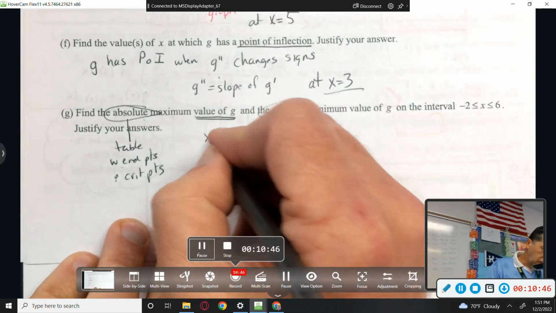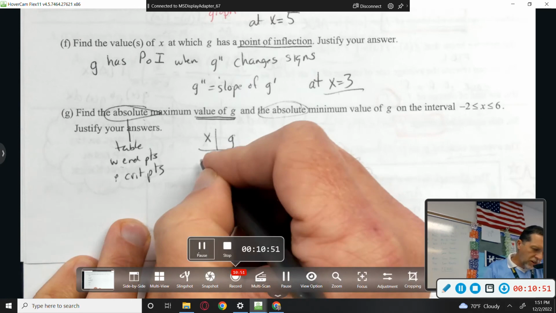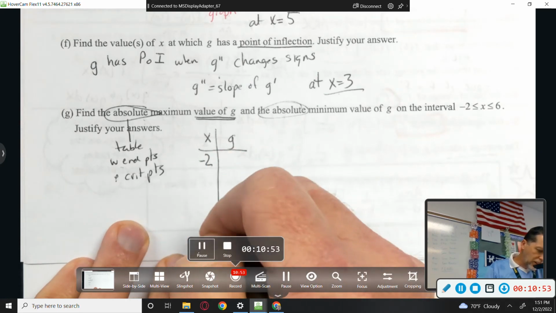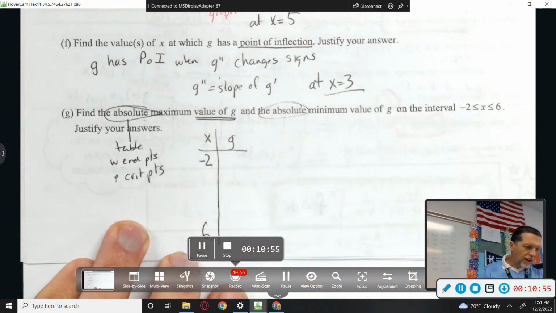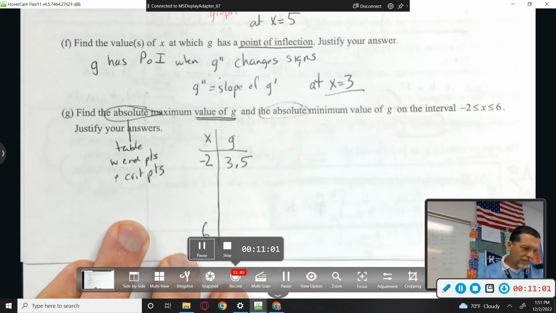Okay, so x and g. My endpoints are -2 and 6. Did we already find those? Yes, we did, so that's nice. 3.5 was g of -2.